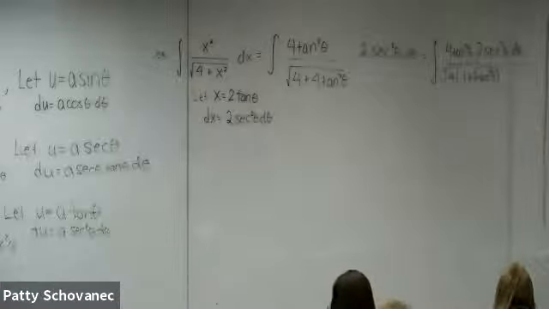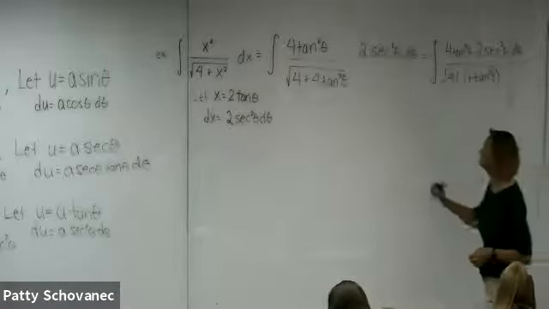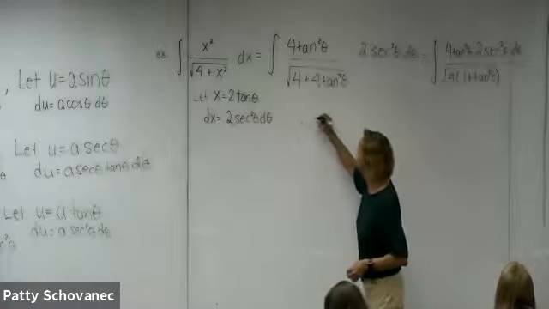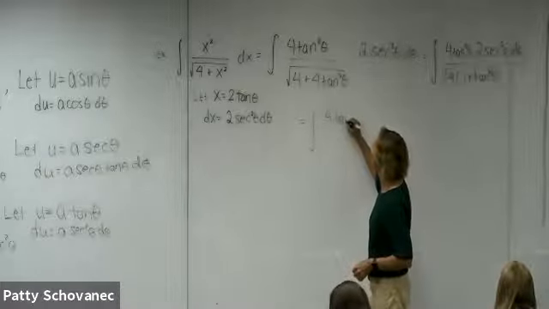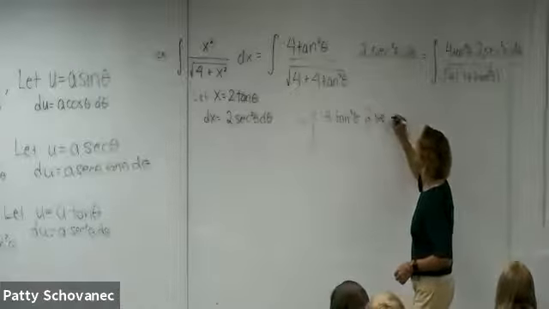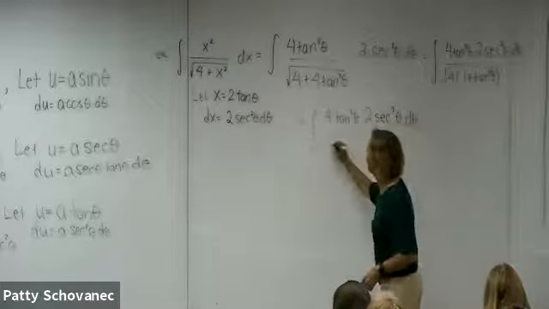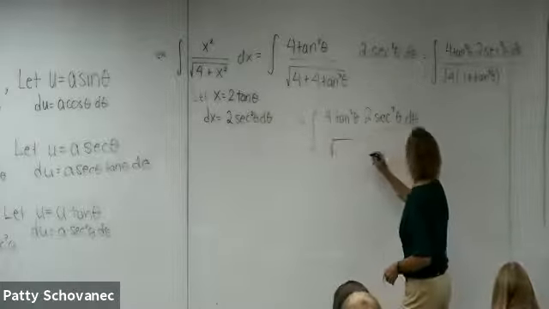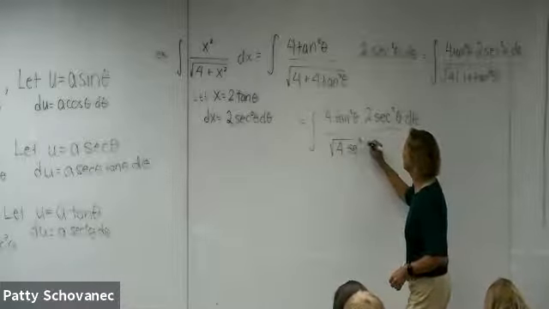And that's where our trig identity comes in. 1 plus tangent squared adds together to give me secant squared. So downstairs I have 4 times secant squared under the radical sign.